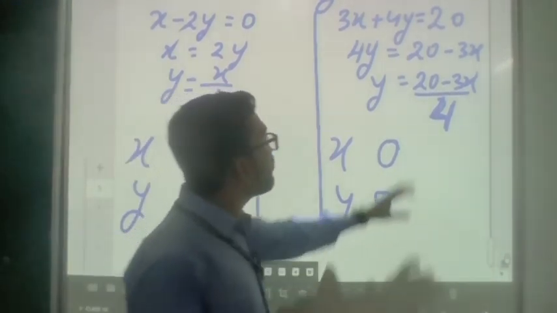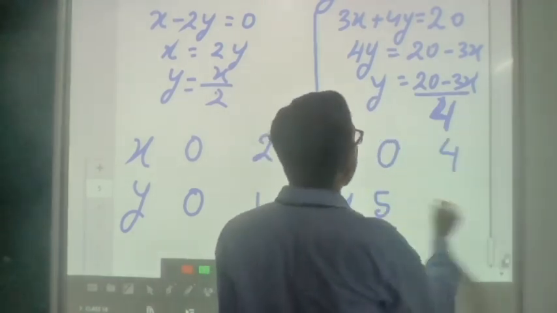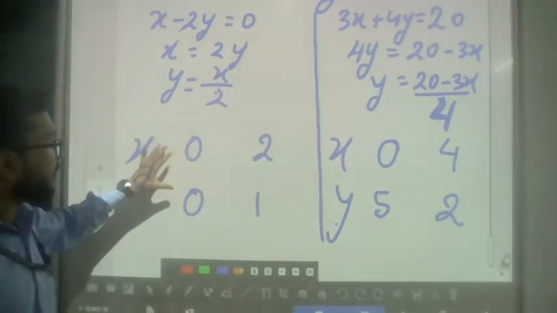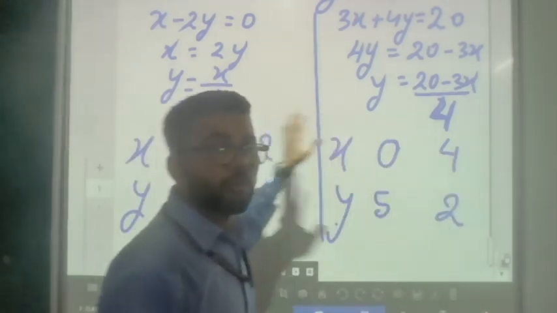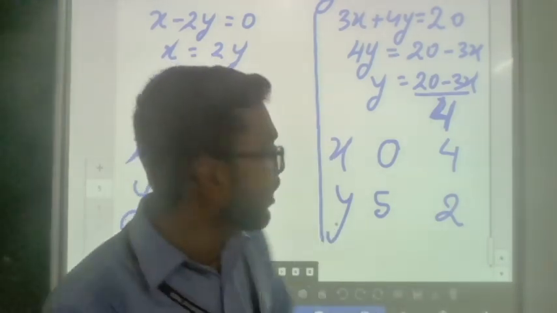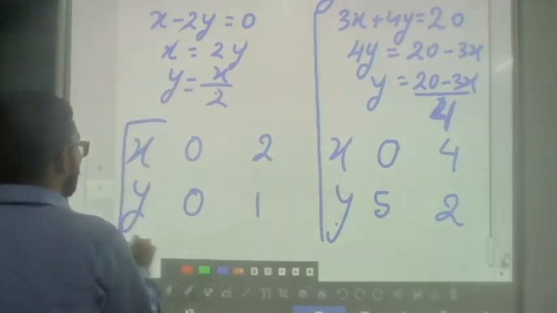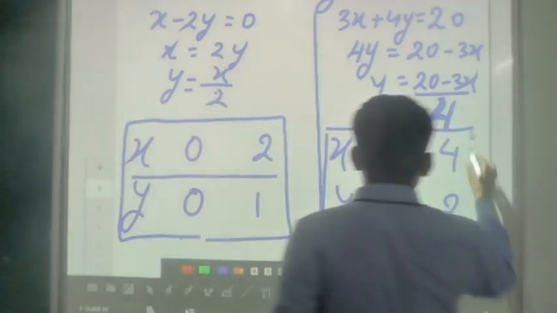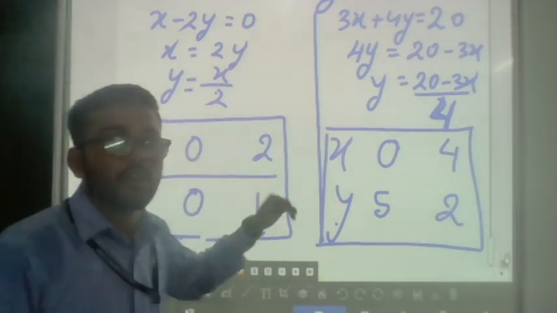And if we take x is equal to 4, we get y is equal to 2. Now we have two different coordinates for both equations, so we can easily draw a line on the graph for each equation. In this way you can draw a graph for these equations on a Cartesian plane.